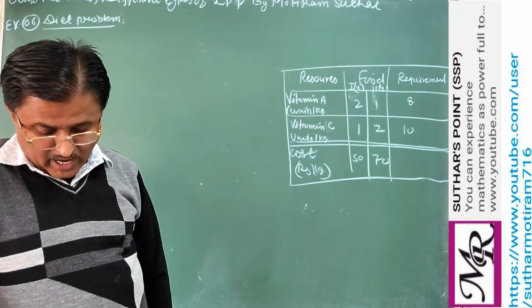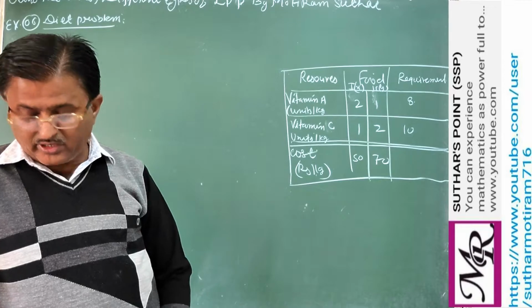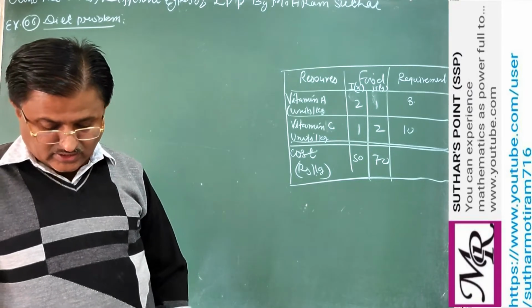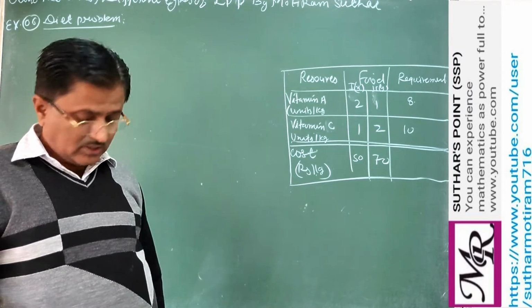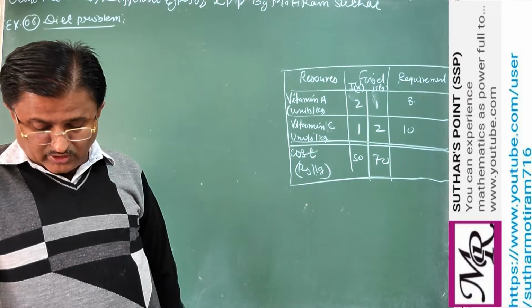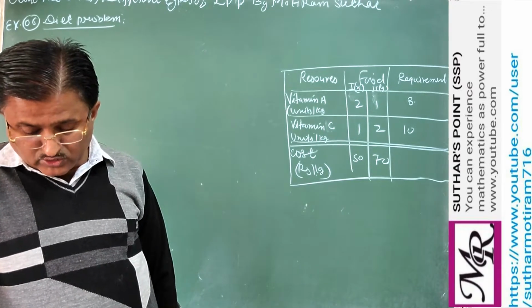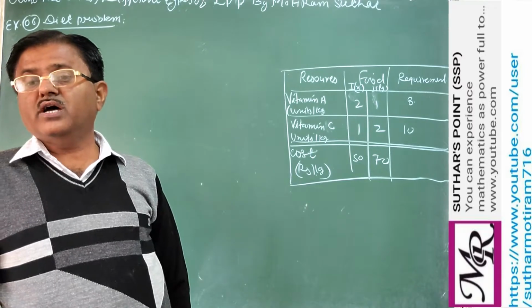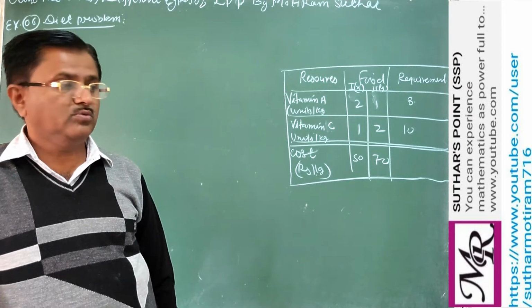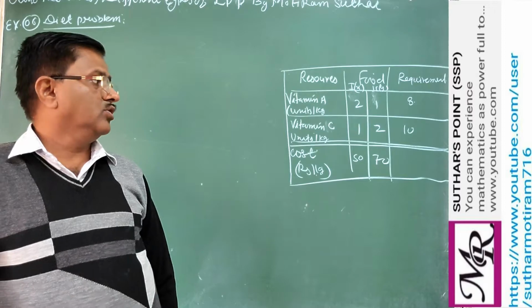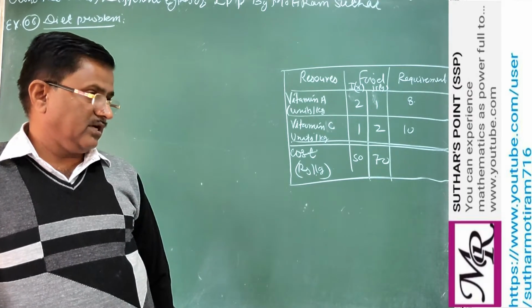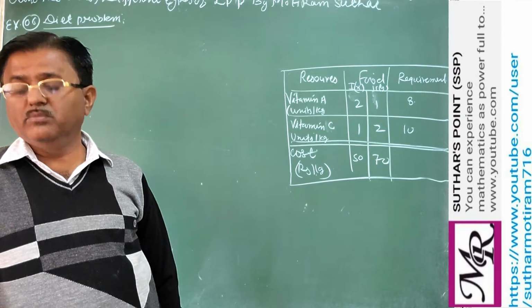And when we are given a diet problem, in this problem we determine the amount of different kinds of constituents or nutrients which should be included in a diet so as to minimize the cost of the desired balanced diet. So for the diet problem, the cost should be minimum.